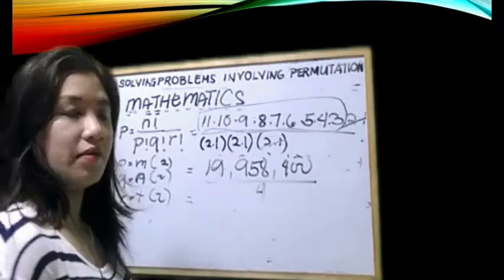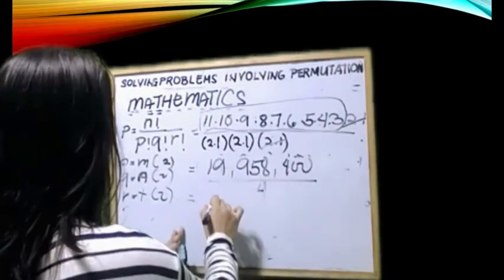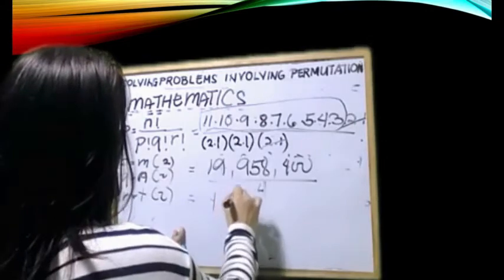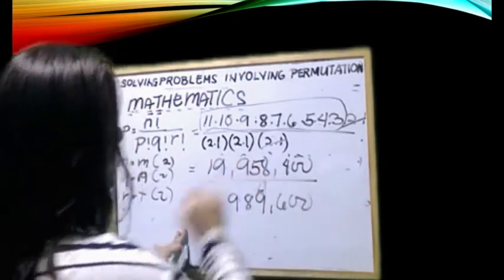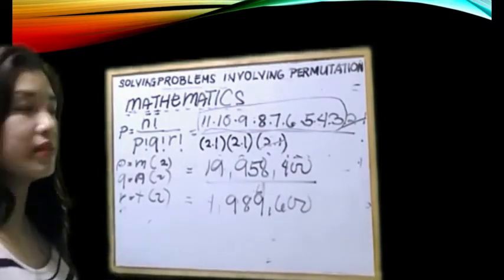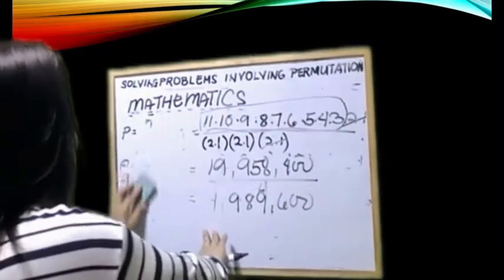So what will be left? We would have 4,989,600 ways.